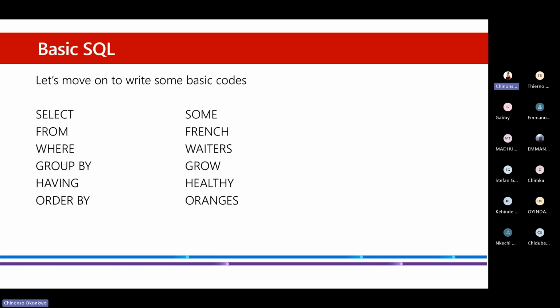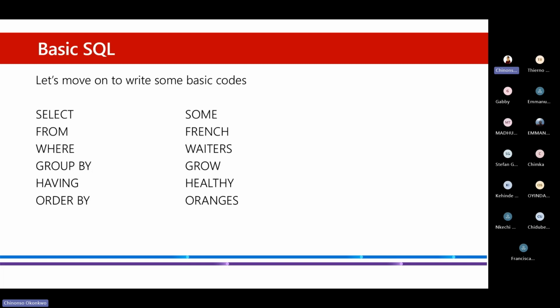And I've placed beside this a mnemonic to help you remember it, which is: some French waiters grow healthy oranges. Now, why am I showing you all of this right now, just the way it is ordered? Because in SQL, the order of execution is important. The way you order your queries is very, very important. It has to come as select, from, where, group by, having, order by.